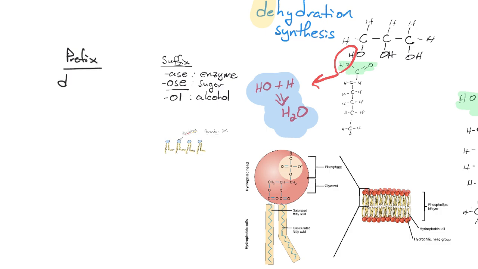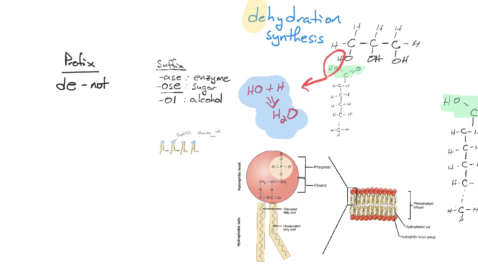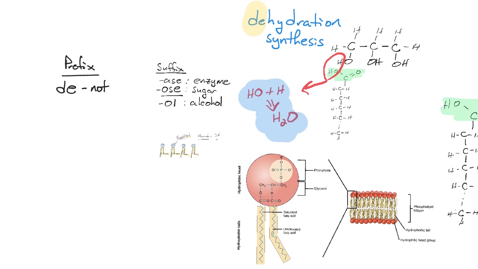And D means not, or undo, or whatever you want to call it. Hydration is a root word, and that's just water, right? We all agree on that? We've heard of hydration. We have to be hydrated. We know that means water.